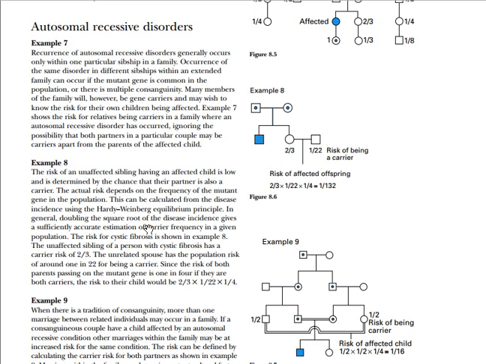So that is the Hardy-Weinberg equilibrium principle formula. It is the risk of the mother to be a carrier and the risk of the father to be a carrier, times the risk of the autosomal recessive disorder being transmitted to the offspring.